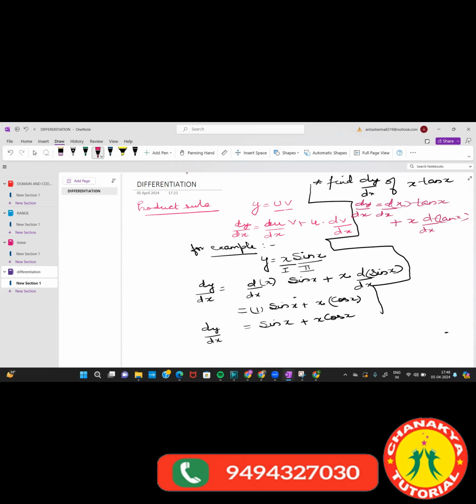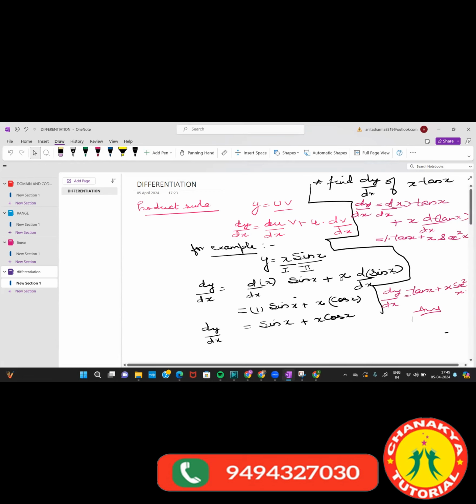Now in the next step, differentiation of x will be 1, multiplied by tan x, plus x as it is, times differentiation of tan x, secant square x. So our answer is dy by dx is equal to tan x plus x secant square x. Good, beta. Very good.